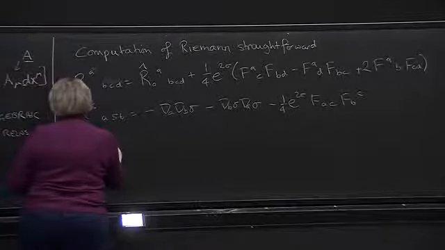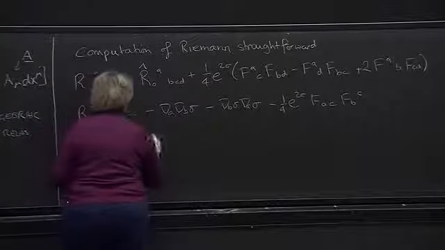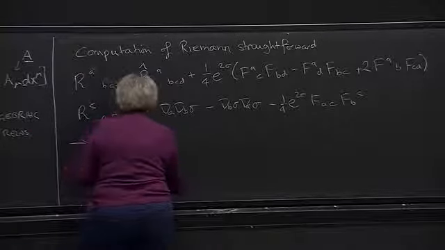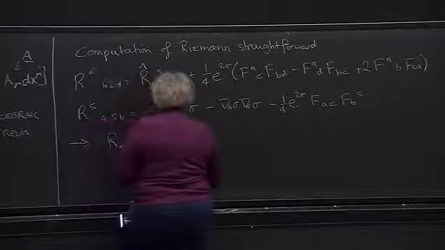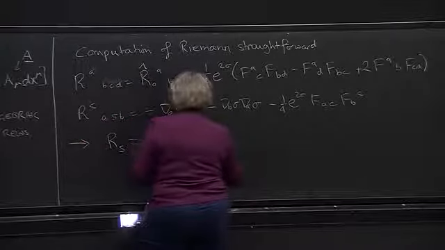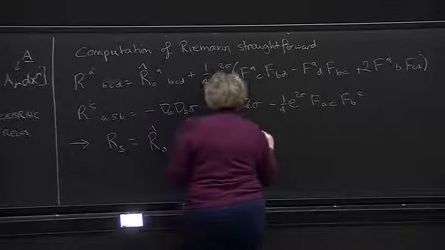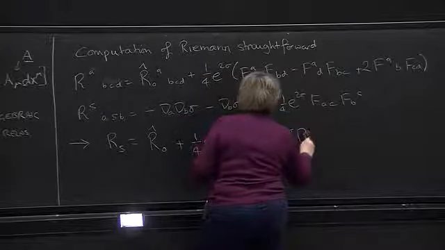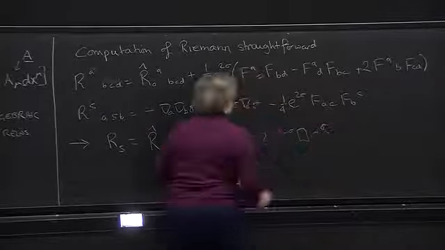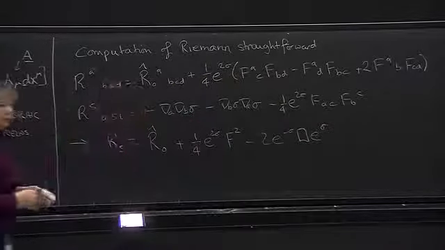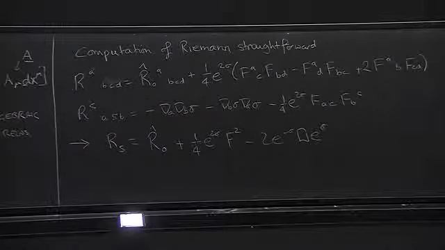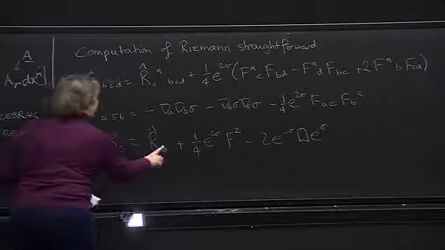And then if we compute our 5-dimensional Ricci curvature, we find that it's given in terms of our 4-dimensional curvature. I suppose rather than 0, I should put that as 4.